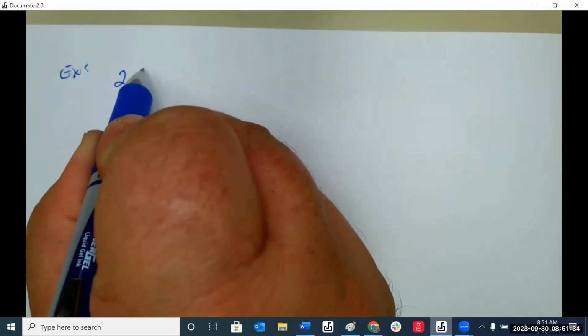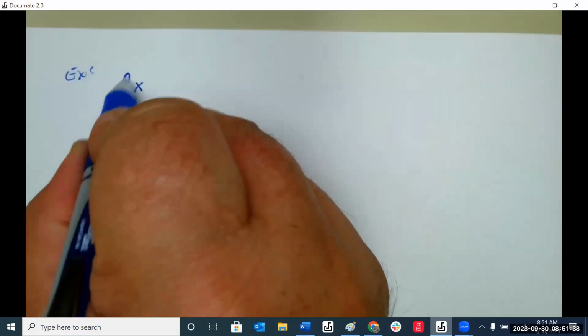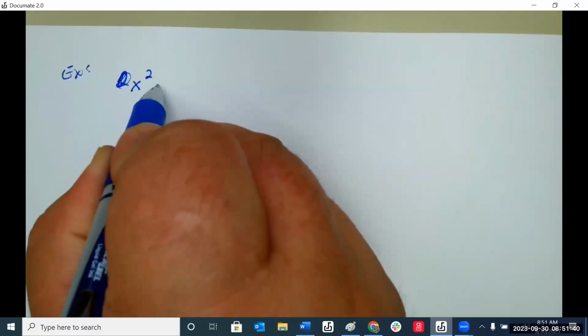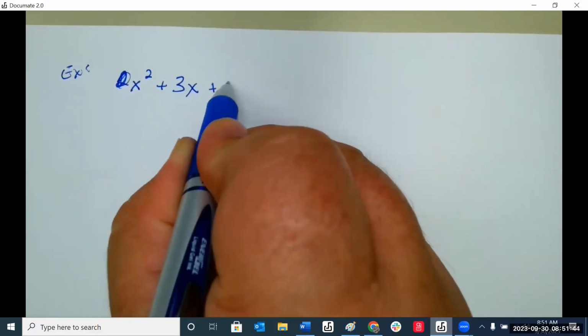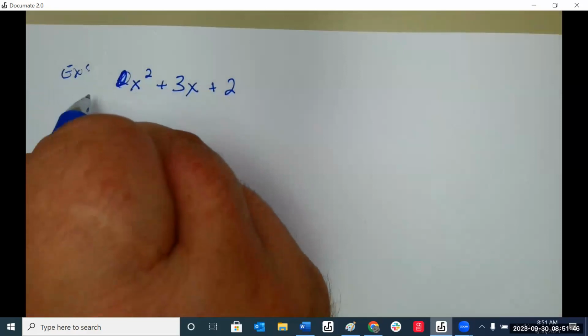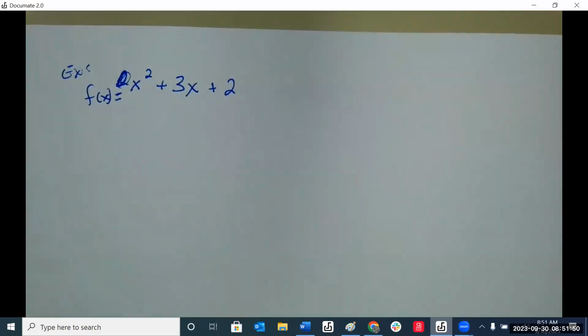Let's just try, forget the 2x. Let's do x squared plus 3x plus 2. That's your f of x. f of x equals x squared plus 3x plus 2.